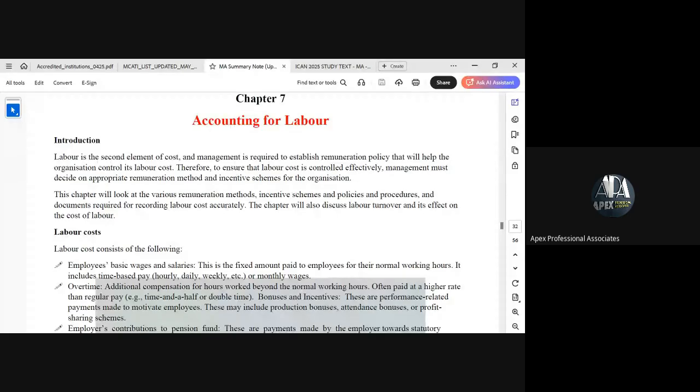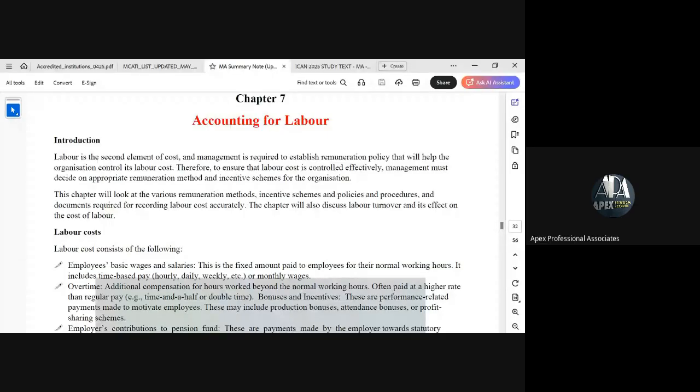Right now, I know the majority of you can define labor as one of the elements of production. Of the four elements of production, we have land, labor, capital, and entrepreneur.